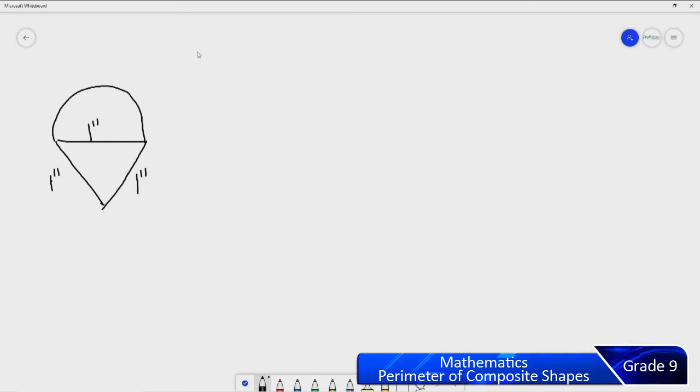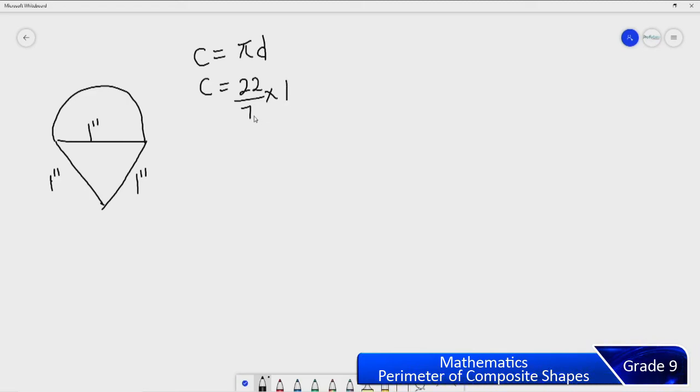So we're going to go ahead and use the formula. Since we're given the diameter of this circle, we have to use the formula that states circumference is equal to pi d. So the circumference is equal to pi, and we're using pi as 22 over 7, times the diameter, and the diameter here is 1.